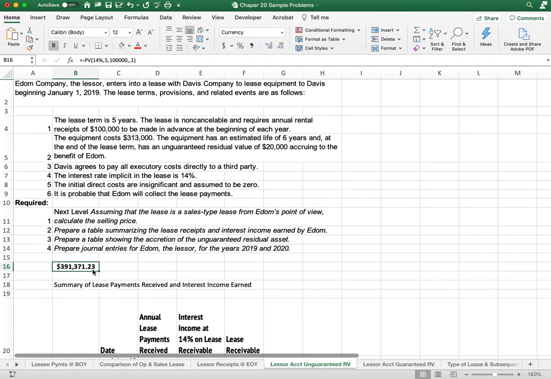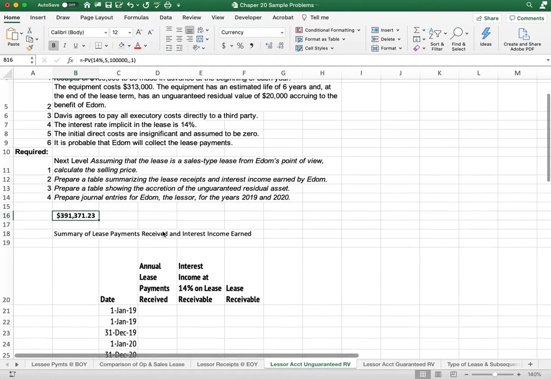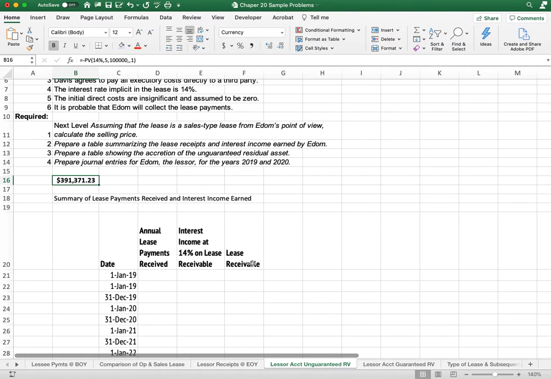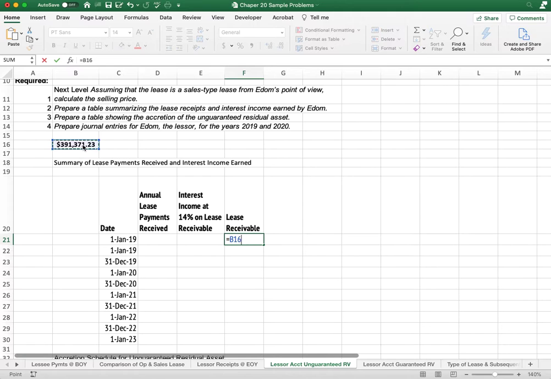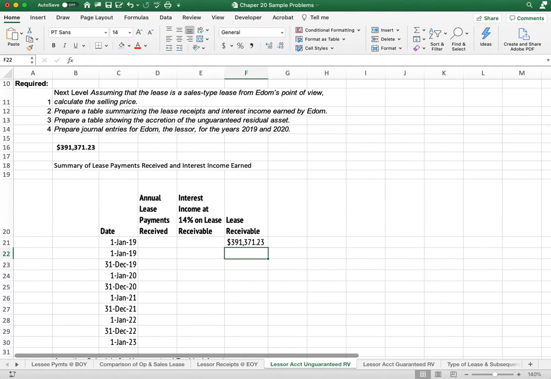Make that bold. Prepare a table summarizing the lease receipts and interest income earned by Adam. I just pulled down the summary of lease payments received and interest income. We'll start on January 1st with the balance of 391,371.23. And then on January 1st, there's also the payment of $100,000.